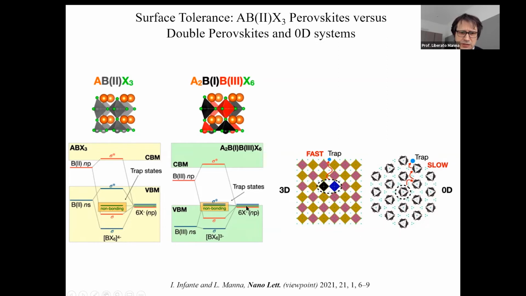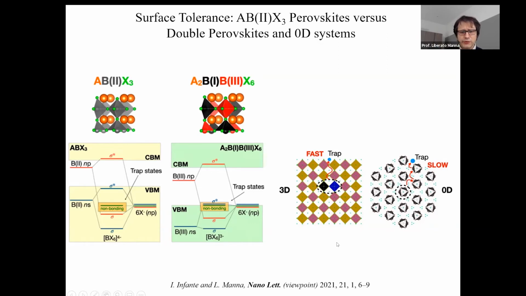And so in this case, when these halide np orbitals on the surface are not passivated, not saturated, they form trap states, which can be shallow, but also very deep. And also notice the B3+ np orbitals, which, when non-passivated and non-saturated on the surface, also form deep trap states, as opposed to the B2+ case.